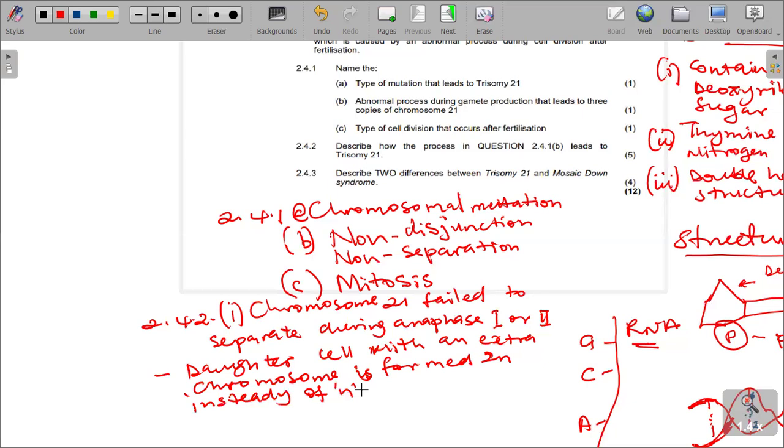But in this cell, chromosome 21 failed to separate during anaphase 1 or 2. That would result in a daughter cell with an extra chromosome being formed.